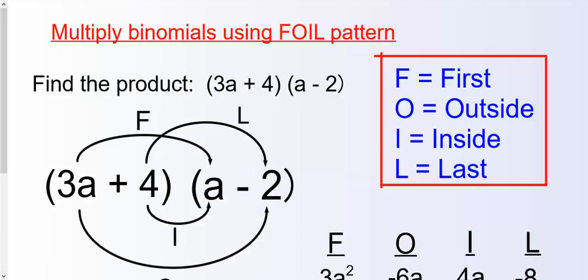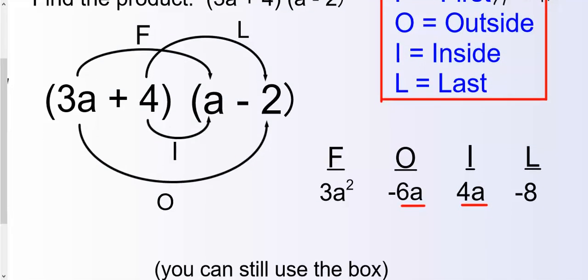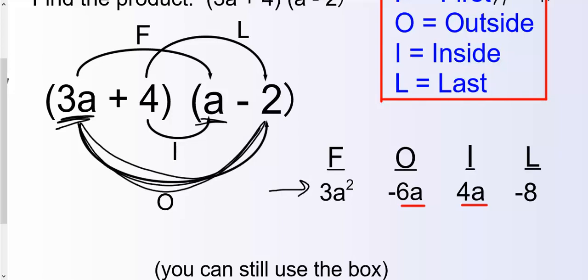One other option is using this idea called FOIL: first or front, outside, inside, and then last. So what you do is you multiply the front numbers, 3a times a, that's 3a squared. Then multiply the outside numbers, 3a times negative 2, that's negative 6a.